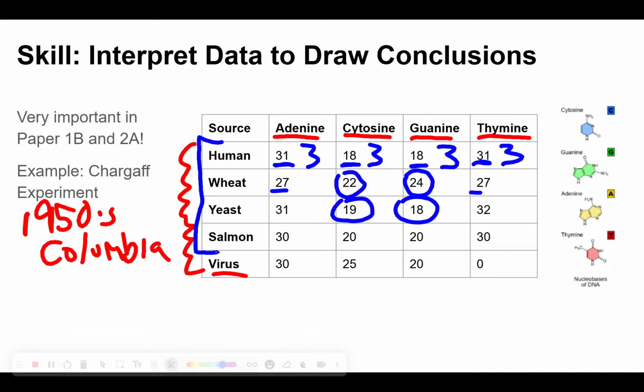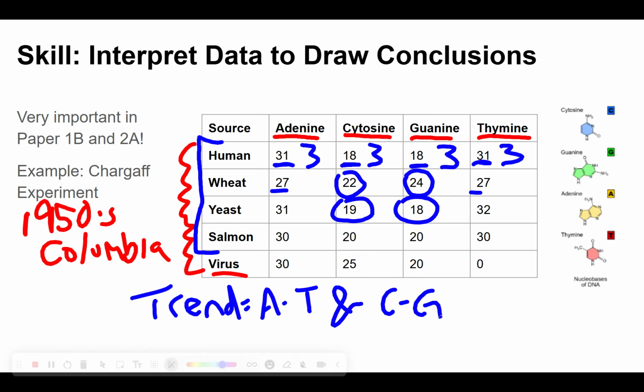I think the IB could ask, what is the relationship? What is the ratio here? State the trend. And the trend is that A and T, and C and G, are present in equal ratios.